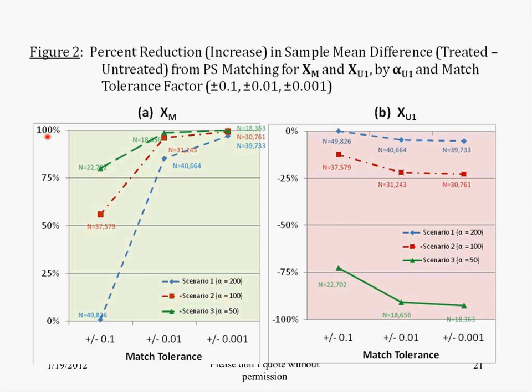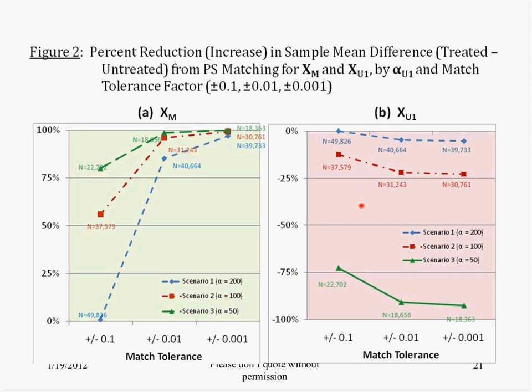The y-axis in figure A represents the percent reduction in imbalance for XM, whereas in 2B it represents the increase in imbalance for XU1.